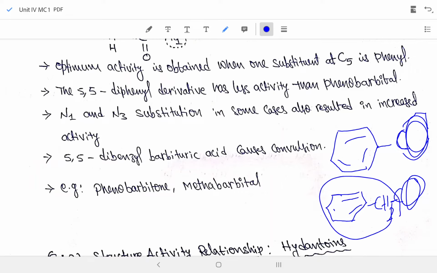So till now we have shown phenyl substitution. If the same is replaced with benzyl substitution, dibenzyl substitution, that will cause convulsion. Instead of treating, the drug itself causes the convulsion. That is what the statement is telling you. Okay, so the examples of barbiturates acting as anticonvulsants are phenobarbital and methobarbital. Fine.